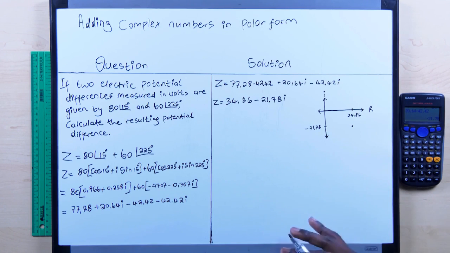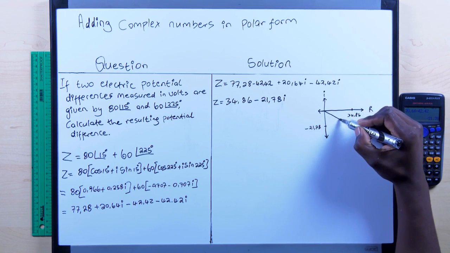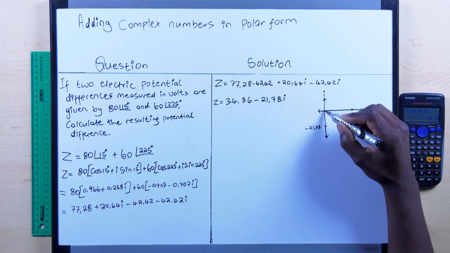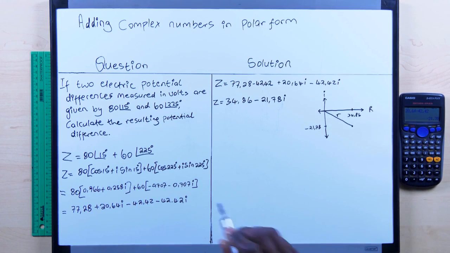Now there's a further step we need to take here to expand our understanding, which means that we're going to have to measure the length of this line. This then becomes r. So let's now find r.